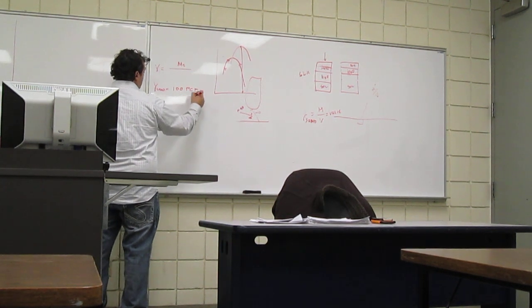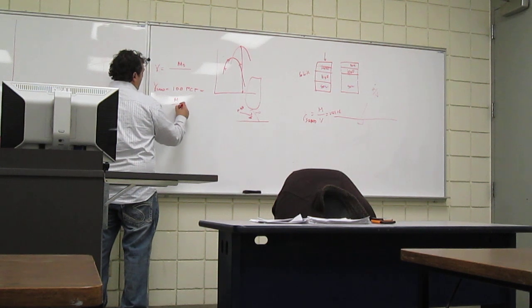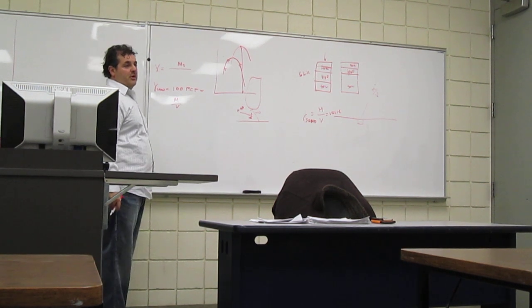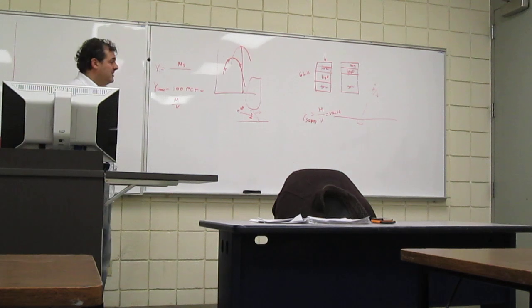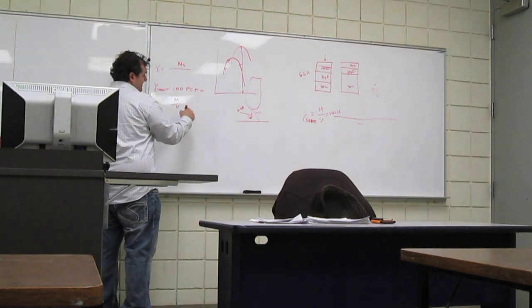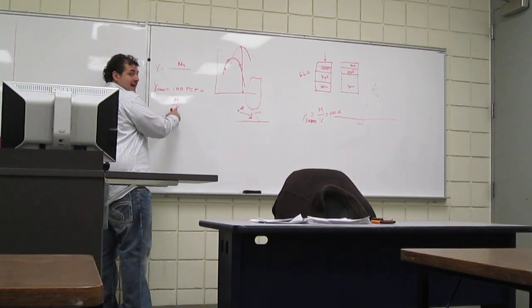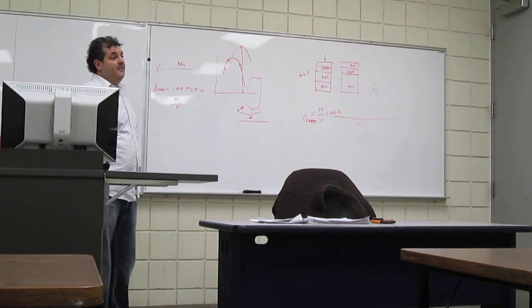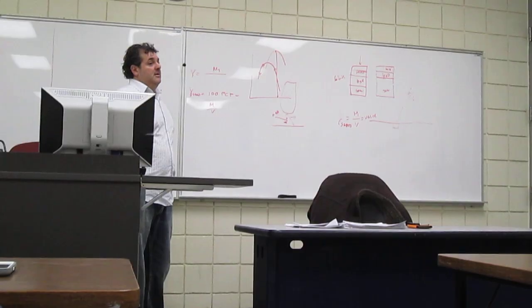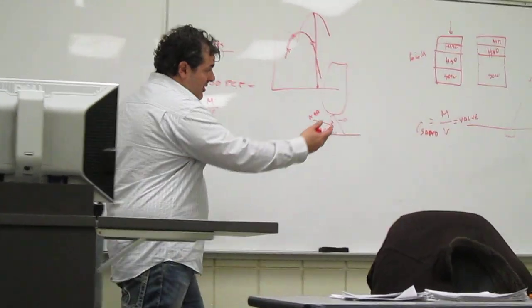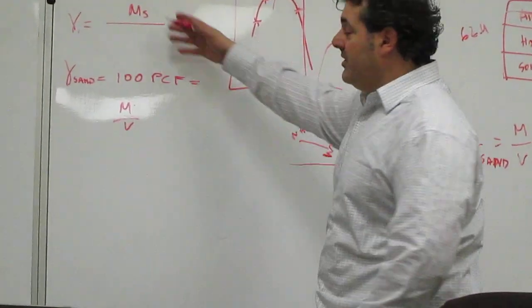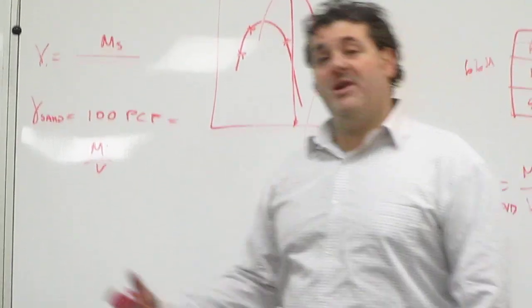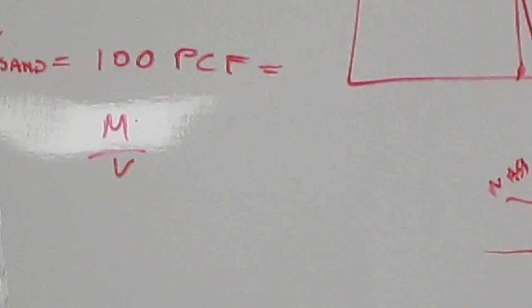And this is equal to mass over volume. It's known, right? And remember the volume is a constant. So we dig the hole, we take it out, we know the mass of the sand, so we have to figure out how much volume went into that hole.